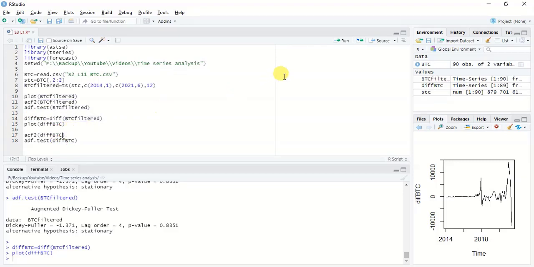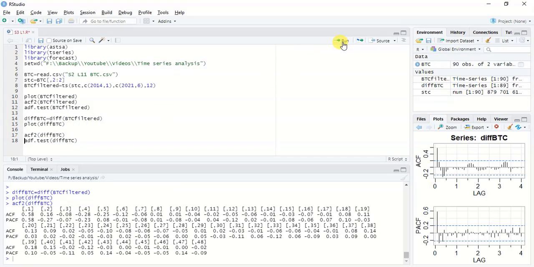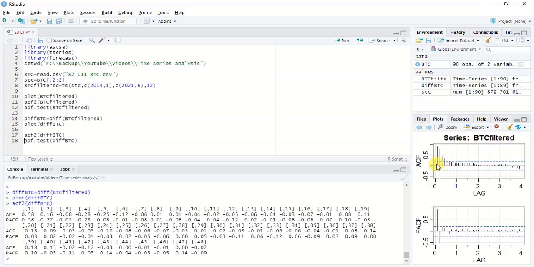If we run this ACF test, you can see the number of ACF values past the significant value is now only 1. Previously, we saw quite a few values go over the limit of the significant value.